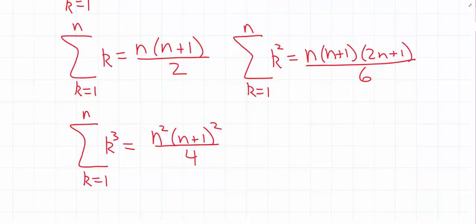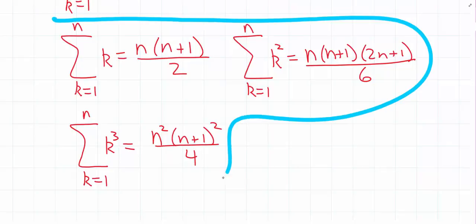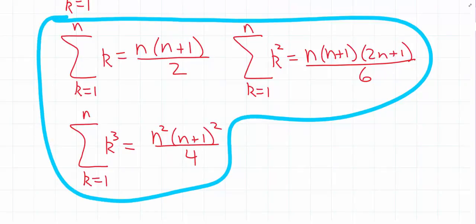I believe that's it. Okay. So these are the ones that we want to memorize, because we're going to be working with those. Okay, any questions about those? Okay, so this is what we want to remember, these sums.